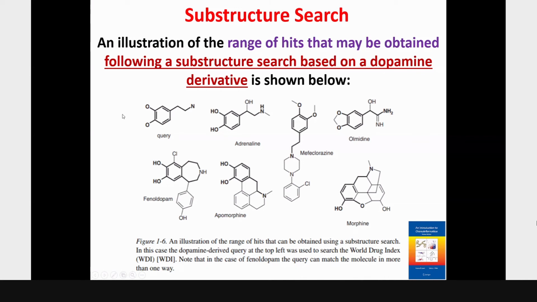But along with that, what is going to happen? You are going to get so many different components, maybe even bigger components, which by your substructure search you feel you have found that particular part, but they might not be very close to the compound. If you check the similarity just by looking at the two, you might see the structure is just 50% similar, or even maybe 5 or 10%.